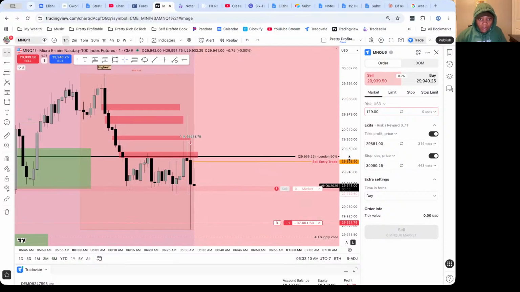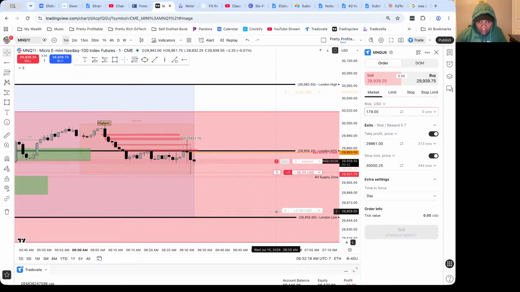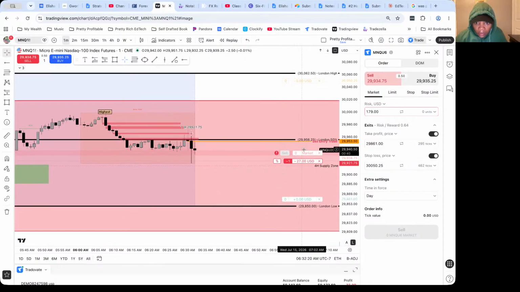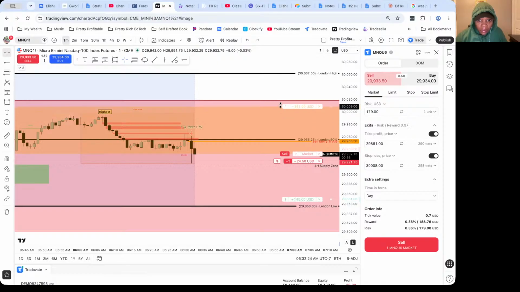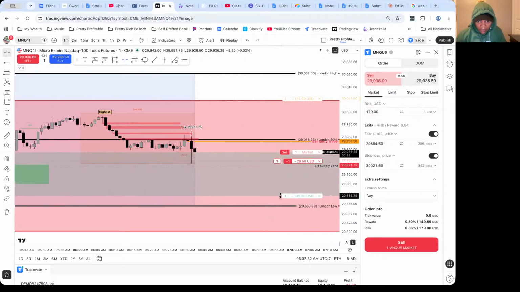Enter here because it closed below, but I don't know where my take profit is, all the way down here. Where is my stop loss, all the way up here. Put my stop loss above this zone and have my take profit down here.